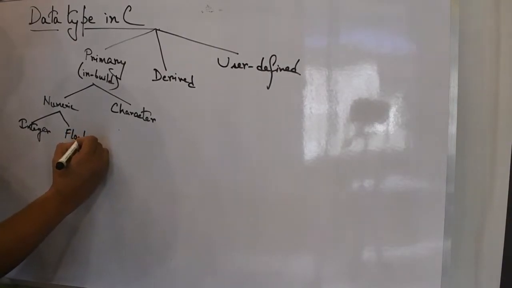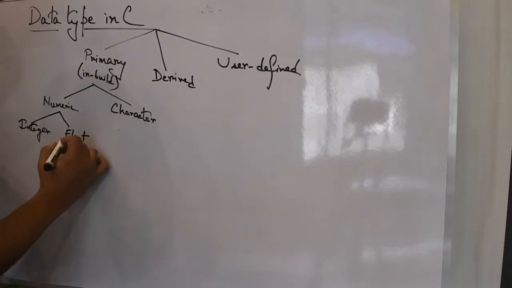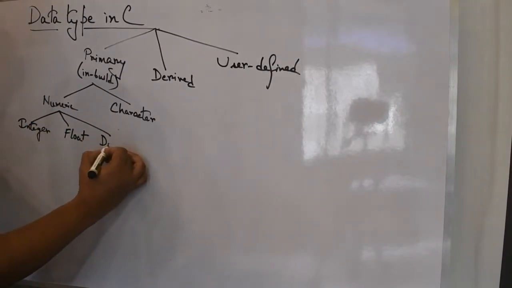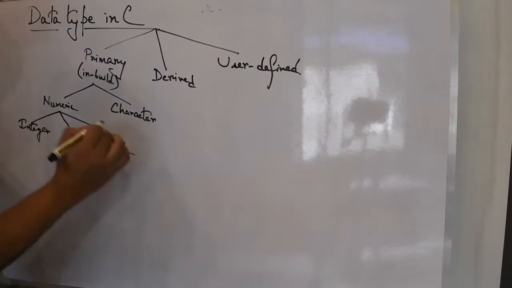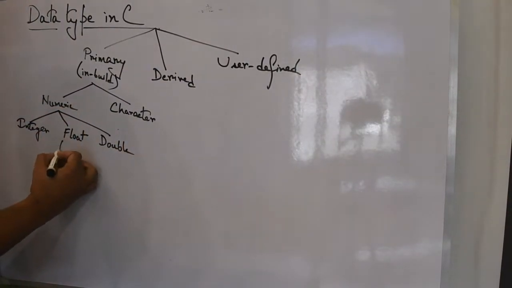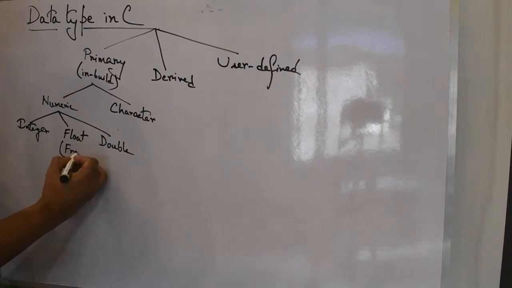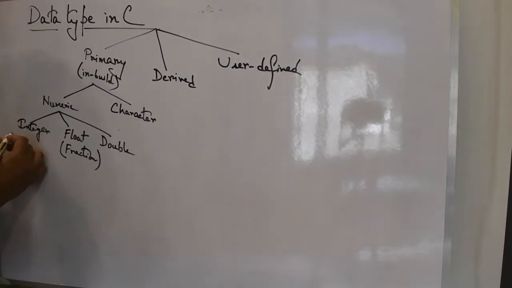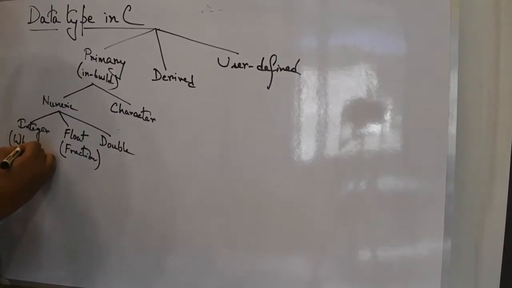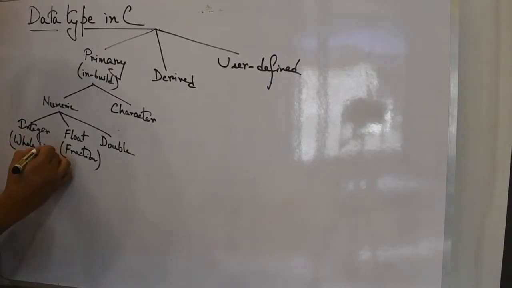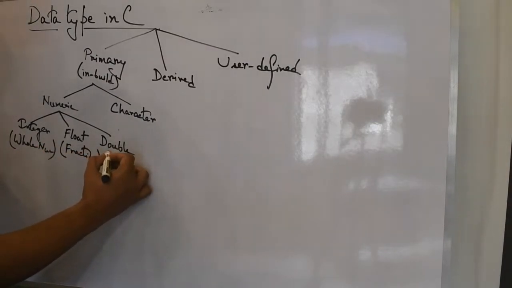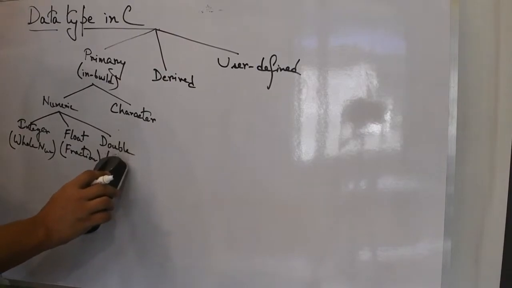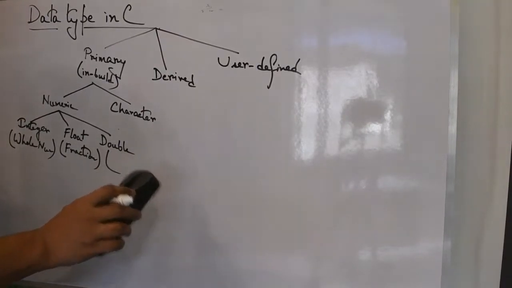Float means fraction, integer means whole number, and double is basically real data, a big number.